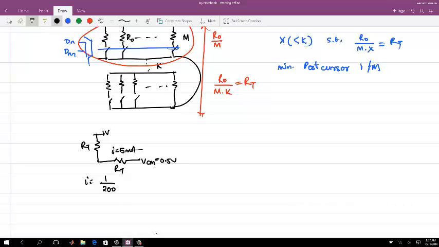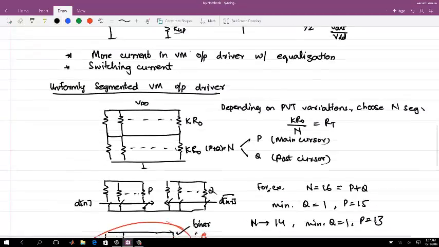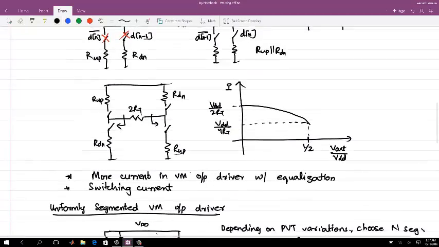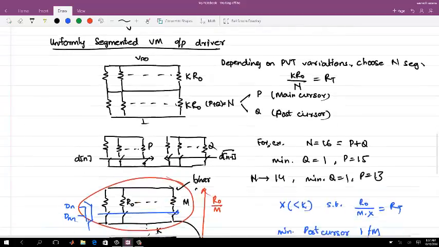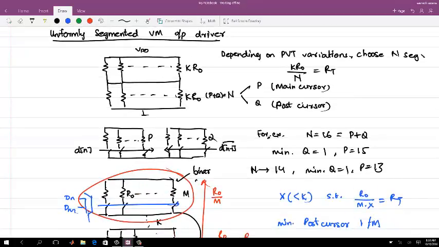That always remains fixed. So I can use 1 over 8, 2 over 8 or 3 over 8, whatever I use, but the whole ratio I can always change by a delta of 1 over 8. That 1 over 8 is not sacrificed on the cost of the process variation, which you have seen before, that if the total number of cells changes because of the process variation, your delta varies.